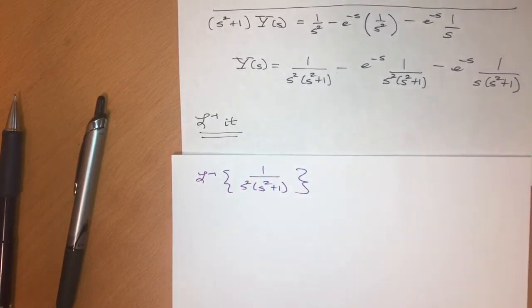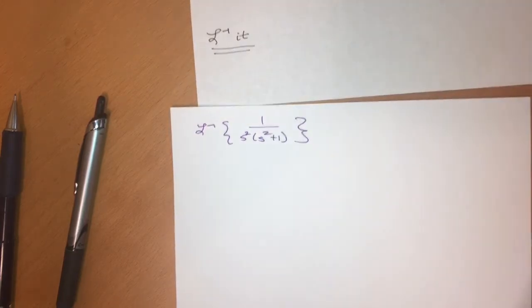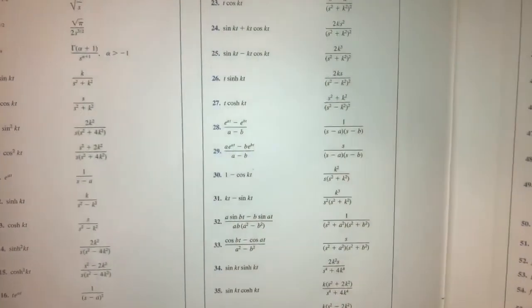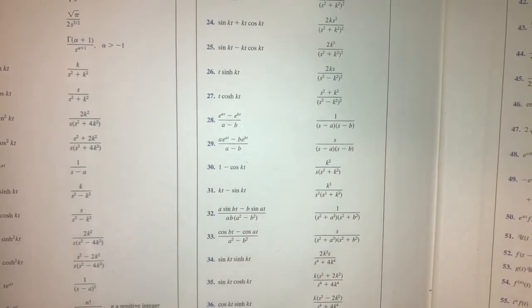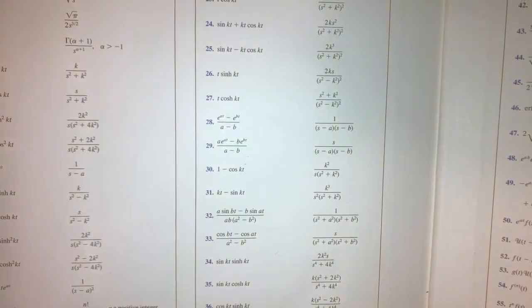And the appropriate thing to say to yourself is, well, let's take a gander here at my Laplace table. And if you look over here at formula number 31, that looks workable.